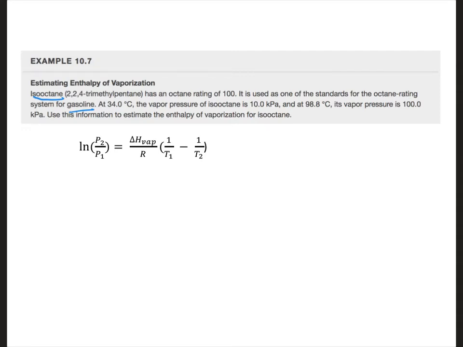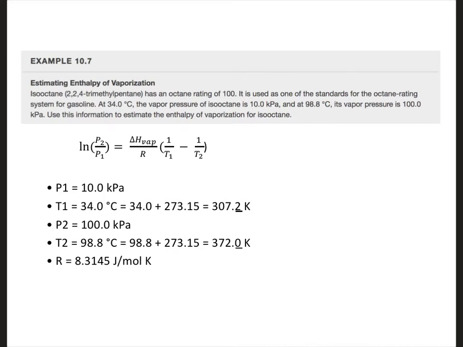So they give us one temperature, and they give us a pressure. kPa is kilopascals. And then they give us a second temperature. Now we raise the temperature, and we find out that the pressure has gone up. So they want you to use this information to estimate the enthalpy of vaporization. The enthalpy of vaporization is this number. So we're going to plug in everything we know and then try to rearrange to solve for that.